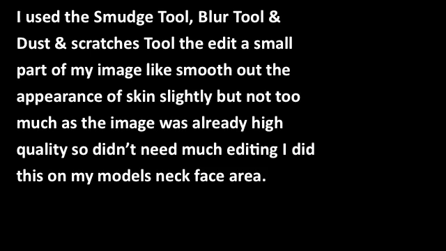I use the smudge tool, blur tool and dust and scratches tools to edit a small part of my image, like smooth out the appearance of skin slightly, but not too much as the image was already high quality so I didn't need much editing. I did this on my model's neck and face area.